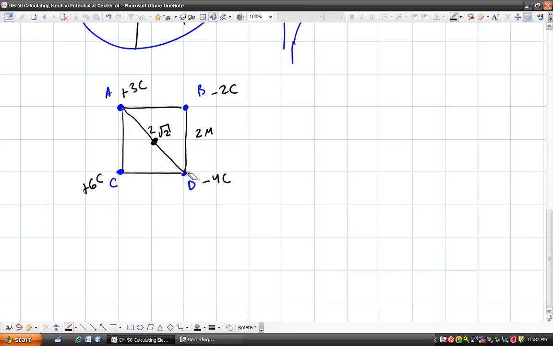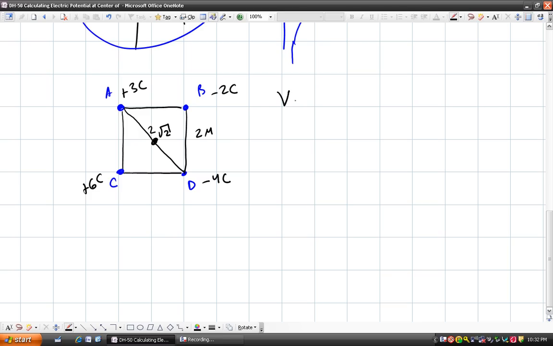So every single one of these 4 charges is going to be a distance of square root of 2 from the center. And this is the beauty of working with electric potential. It's so much easier than calculating electric field because we don't need to deal with components. There's no direction. It's not a vector, it's just a scalar.